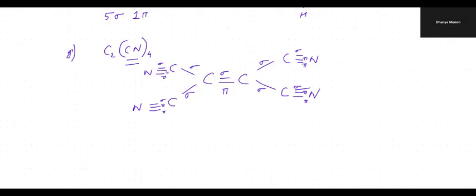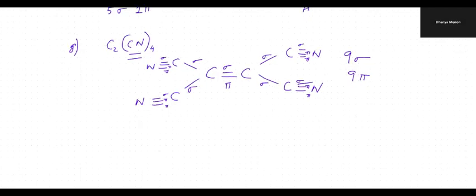Here 1, 2, 3, 4, 5, 6, 7, 8, 9 sigma bonds. 1, 2, 3, 4, 5, 6, 7, 8, 9 pi bonds. Okay, so don't get worried about the structure. Okay, so as you gradually learn with different organic compounds, you will be learning all the formulas. Okay. Similarly, there can be a question.